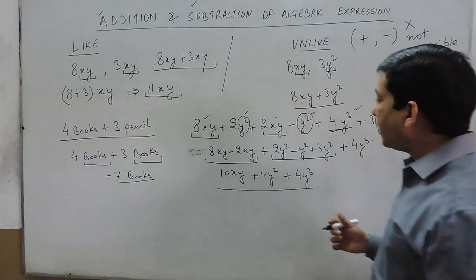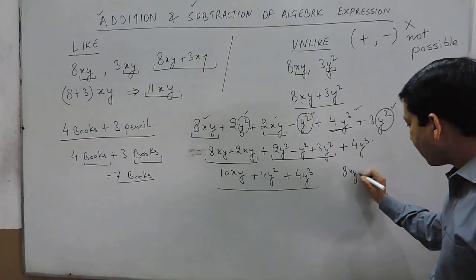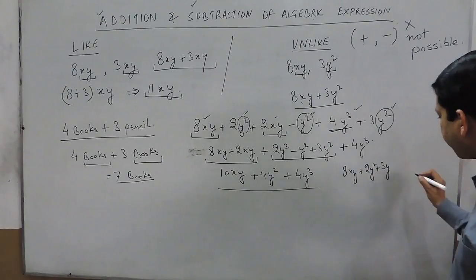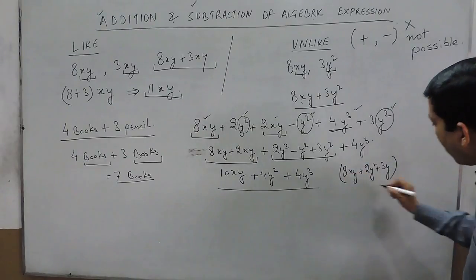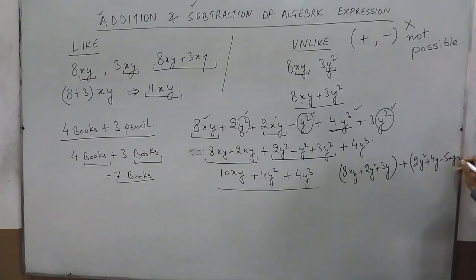If we are adding two polynomials, it is something like 8xy plus 2y square plus 3y. This is one polynomial and we are adding another polynomial, 2y square plus 4y minus 5xy.